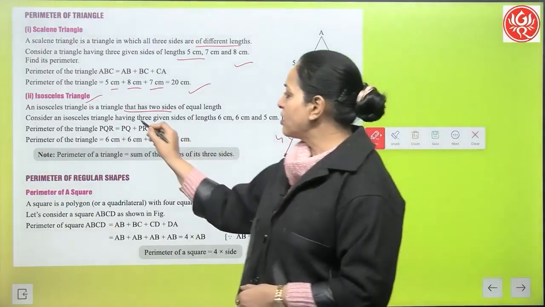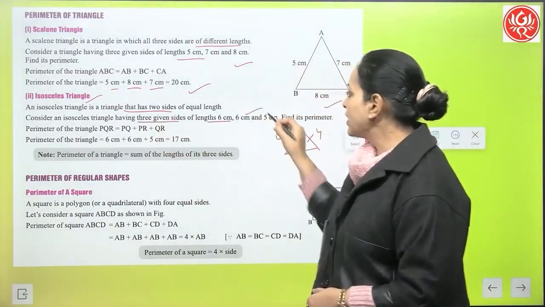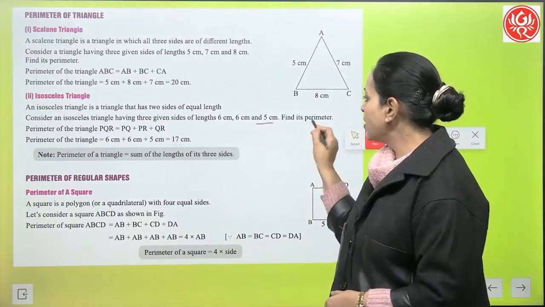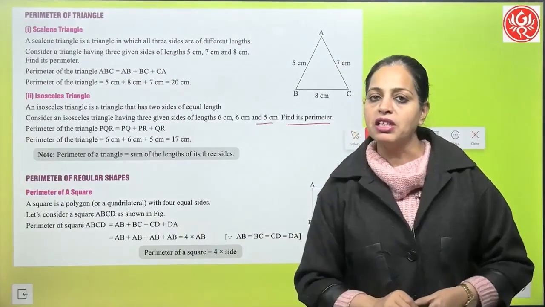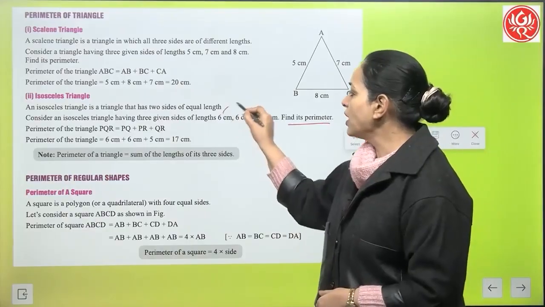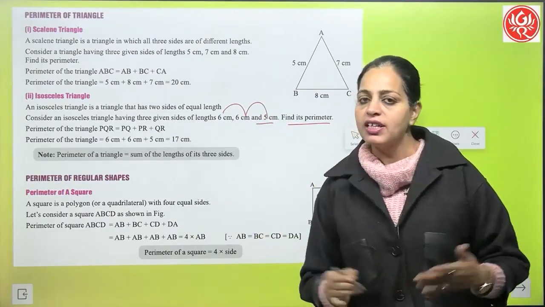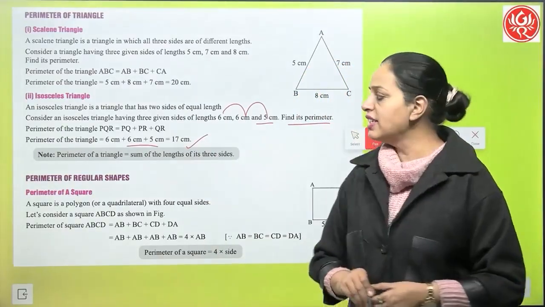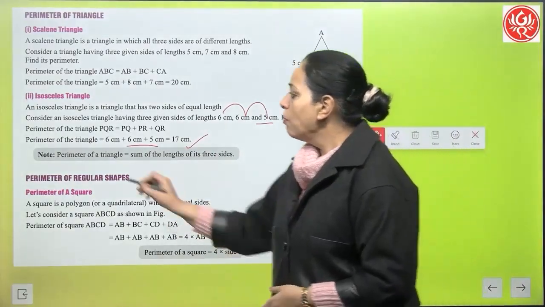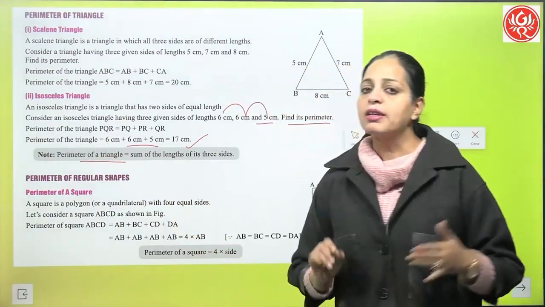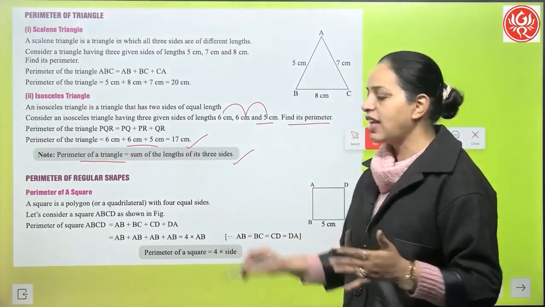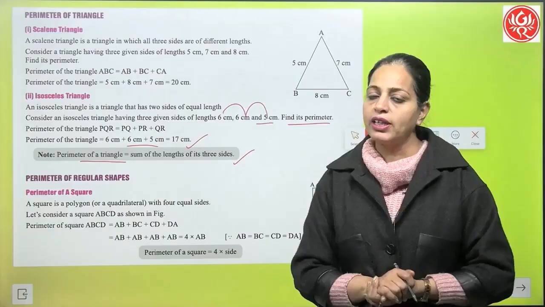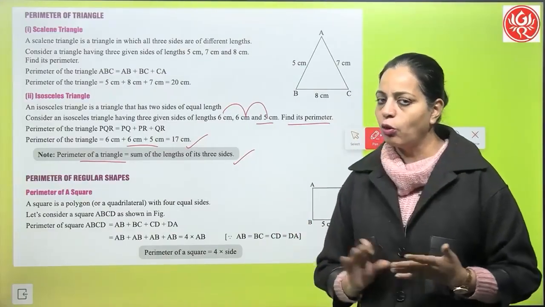They have taken a triangle of length 6, 6 and 5 centimeter. Find the perimeter. So what to do? 6 plus 6 plus 5. Simply तीनों को हम add कर देंगे. Answer is 17 centimeter. So perimeter of a triangle is sum of the three sides. Okay, so it's clear to you, very easy, no problem.